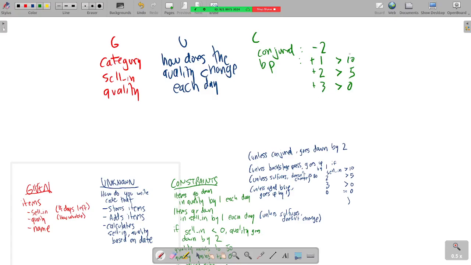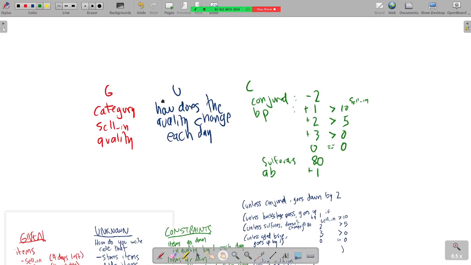All of this is sell-in, and 0 if 0. And then Sulfuras is always 80, and aged brie goes up by 1. So this is a subset of the problem.